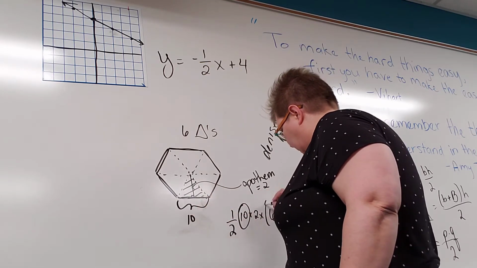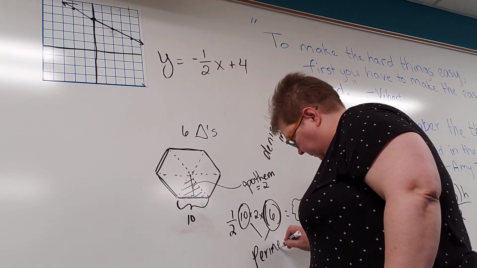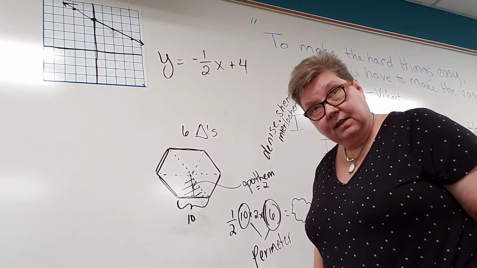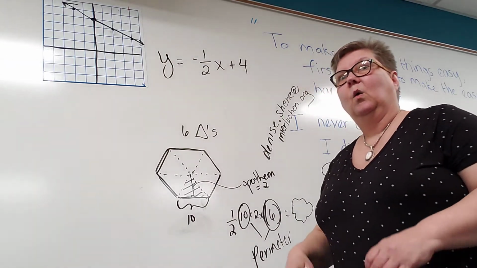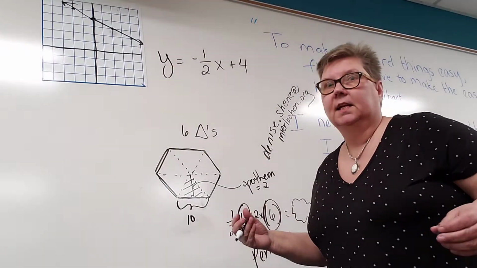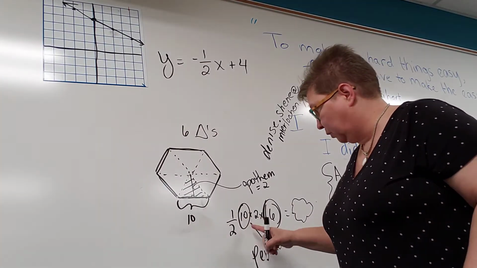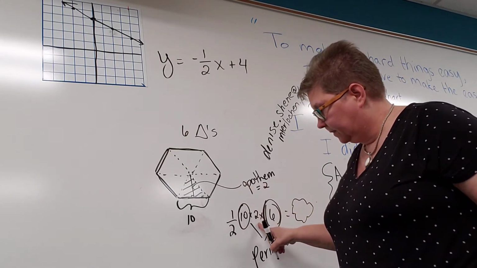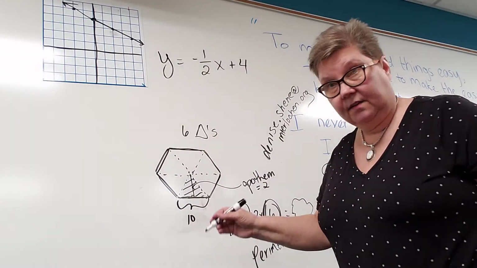So this is the perimeter of this hexagon. But when you have something that's not a hexagon, say an octagon or a dodecagon or a 15-gon, whatever it is, you're going to take the perimeter times the apothem times 1/2. And that's going to give you the area of the space inside.